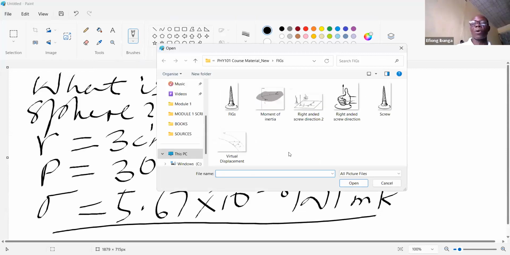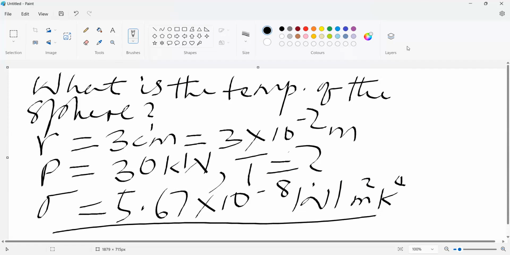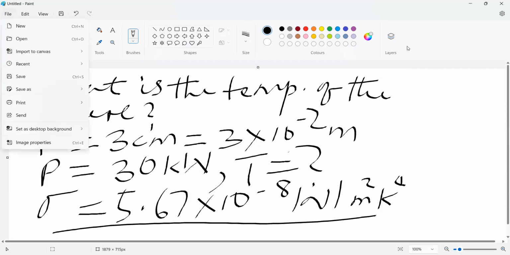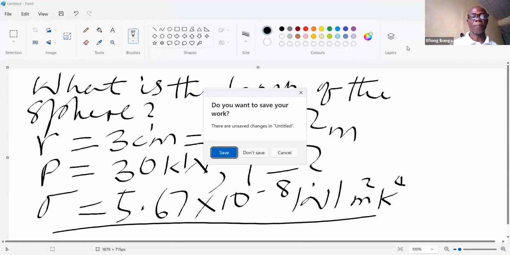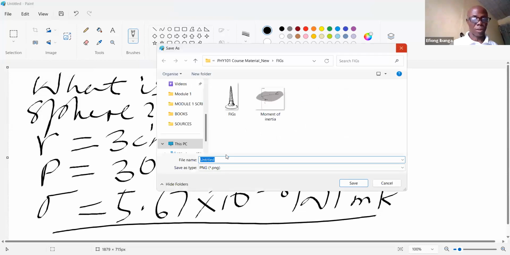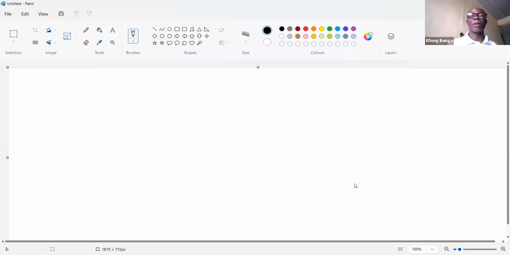I want to open a new free space, so I should have Control N. Okay, let me save this so that it will be there. All right, now let me share the new screen with you. The new space. Can you see the space now?